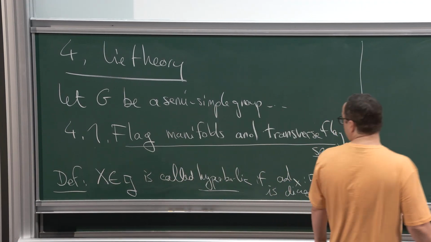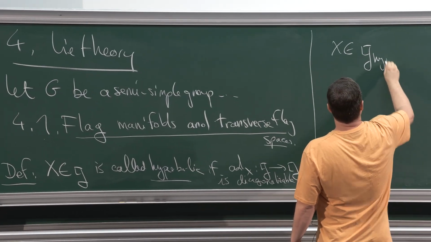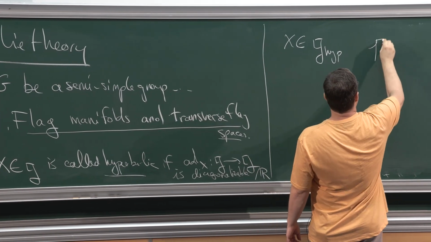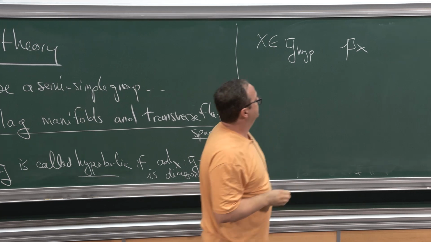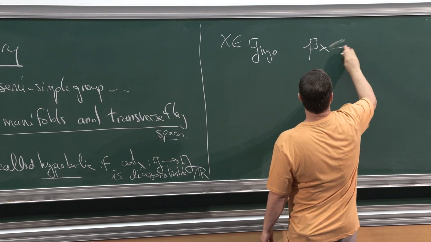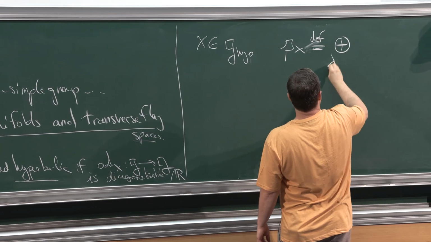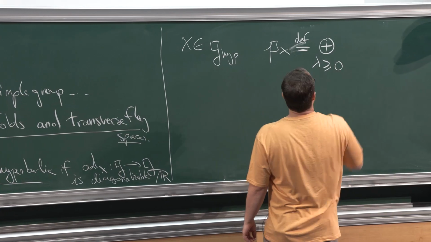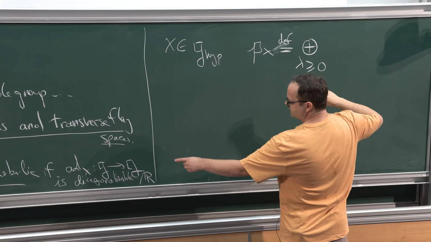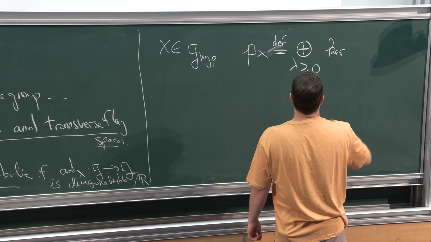And whenever you have a hyperbolic element, so I'll just write x hyperbolic, this will define a Lie subalgebra of G, which is P_x, that is just the sum of the eigenspaces for this adjoint action, but for non-negative eigenvalues.